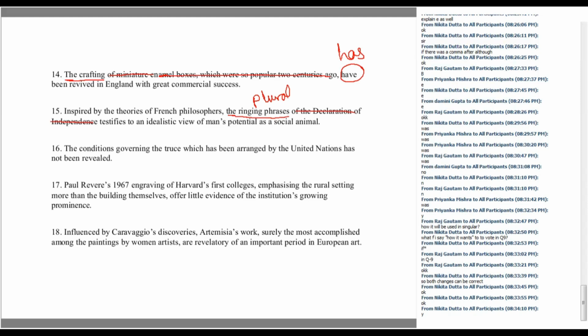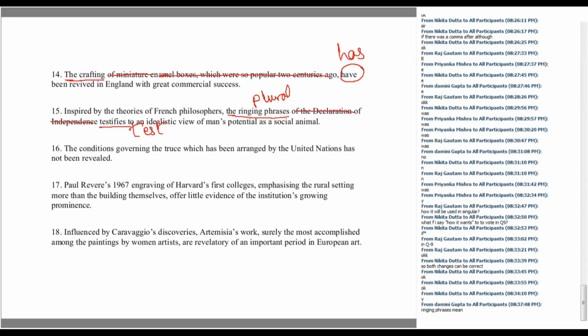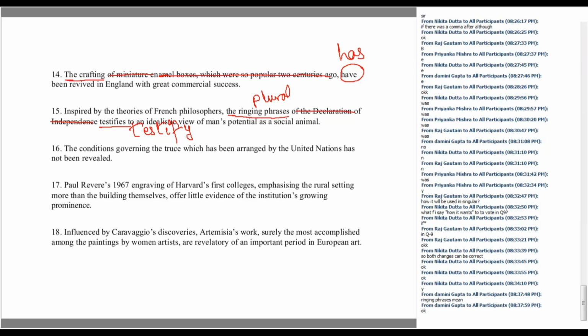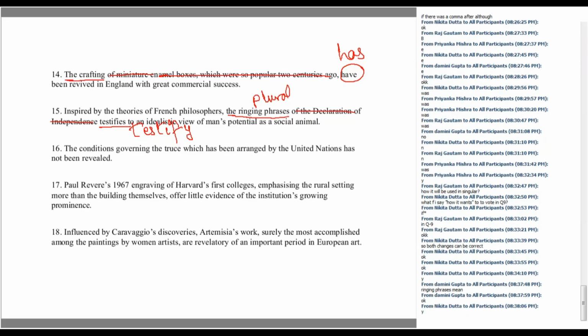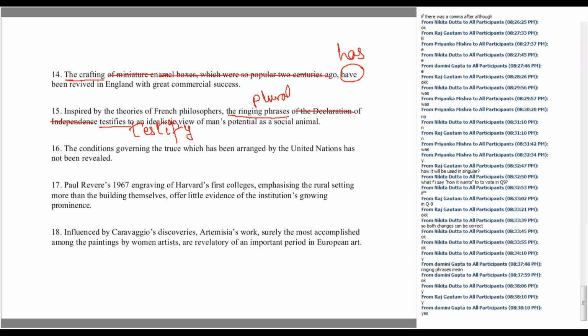That is why I'll have to use a plural verb, testify. Ringing phrases, that means they are rhyming. They probably rhyme. Okay? Are you getting this? Whatever changes I'm making, why I'm making these changes, are you getting this? All of you? If anybody has any doubt, please ask.